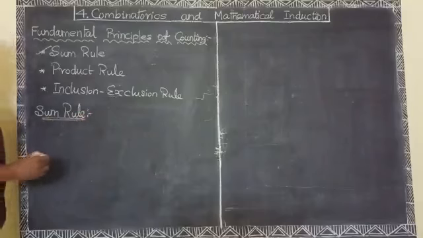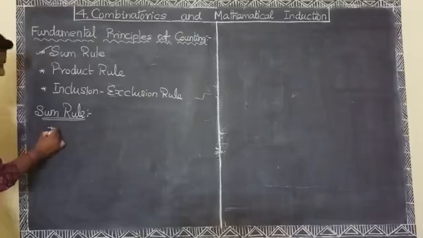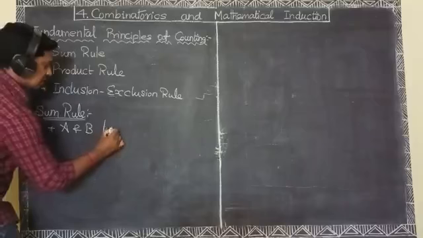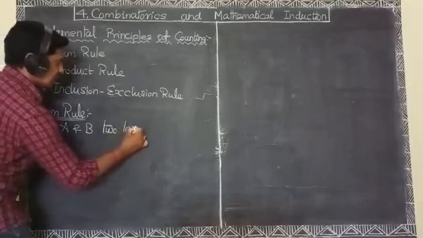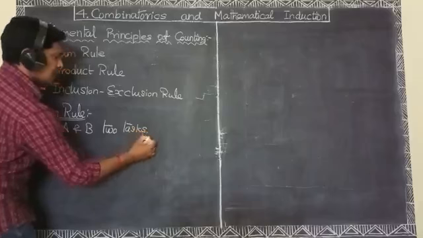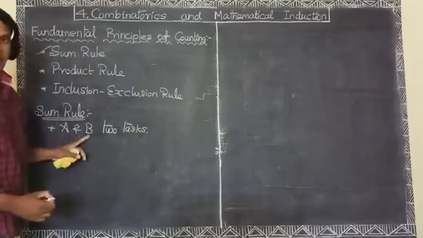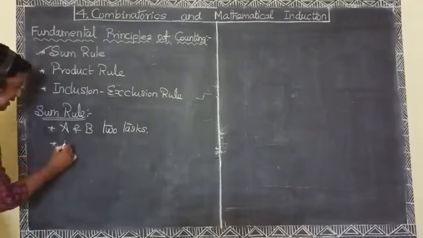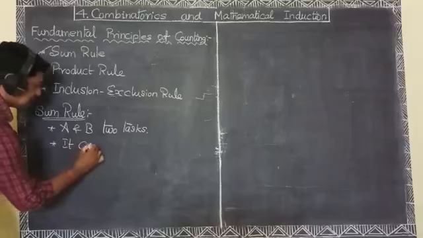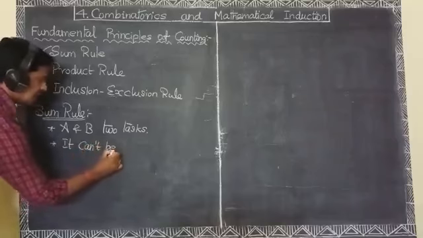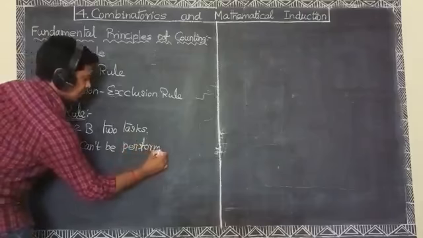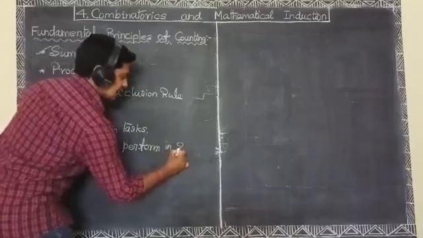Consider A and B are two tasks. Two tasks cannot occur simultaneously. They cannot be performed simultaneously.